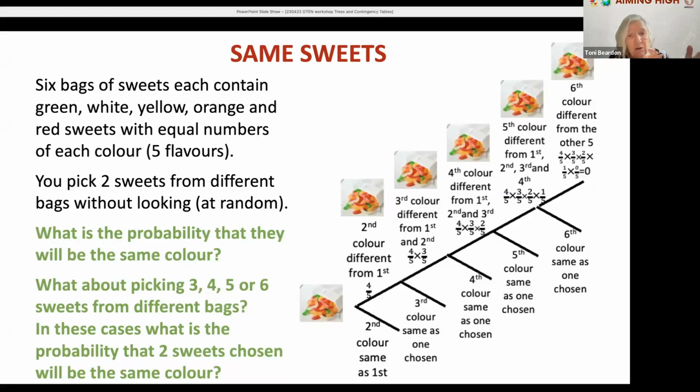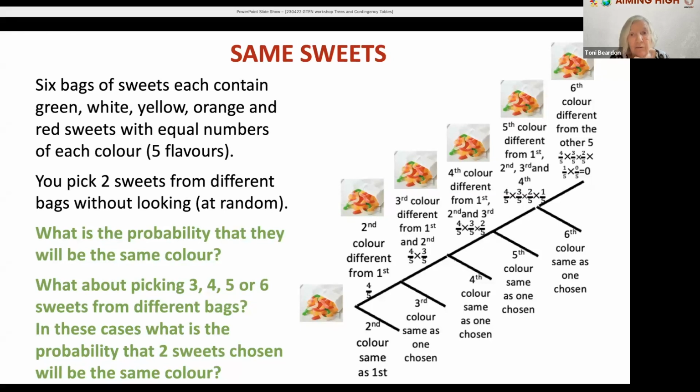And then when we look at the third color, we now have only, if the second color was different from the first, then 2 colors have been chosen. So there are only 3 different colors, and the probability that the third color is different from the first 2 is 3/5, and you multiply those together. When we come up to the 4th color, 3 have already been chosen.